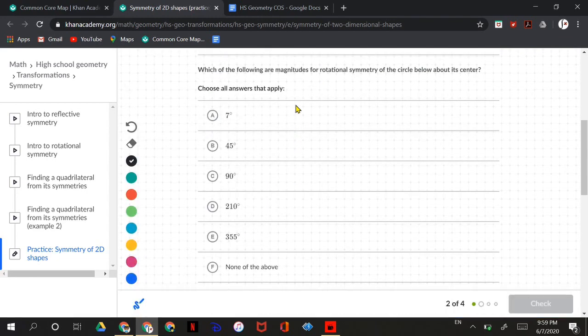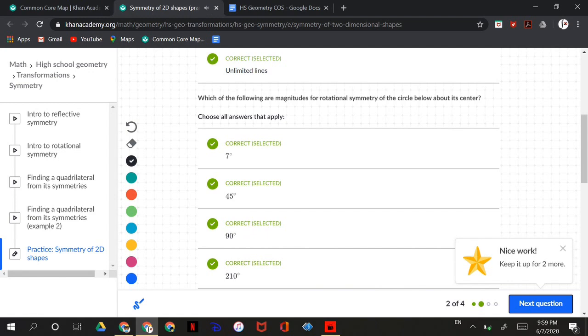It's, of course, all of them, because a circle is a set of points that are equidistant away, so no matter where your line of reflection is, it should always map onto itself. And with the circle, if you had the radius and rotated it by any number of degrees, let's say 360 degrees, it should map onto itself.